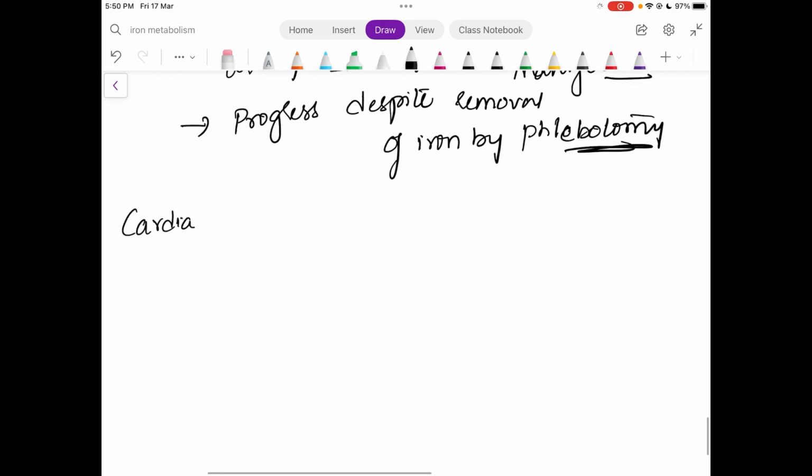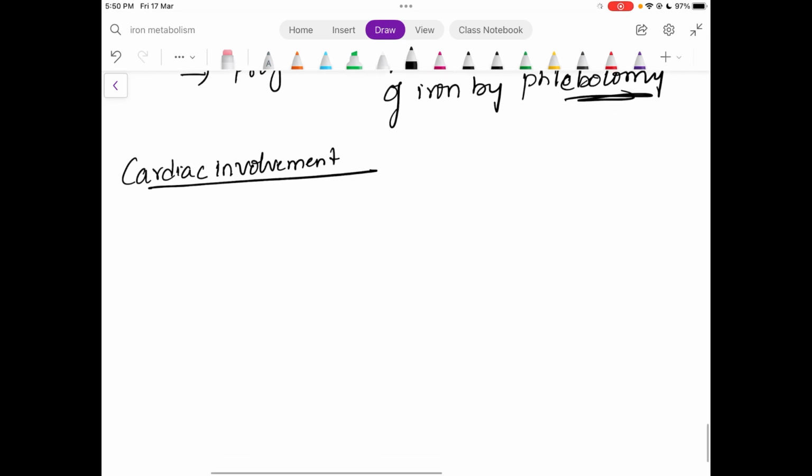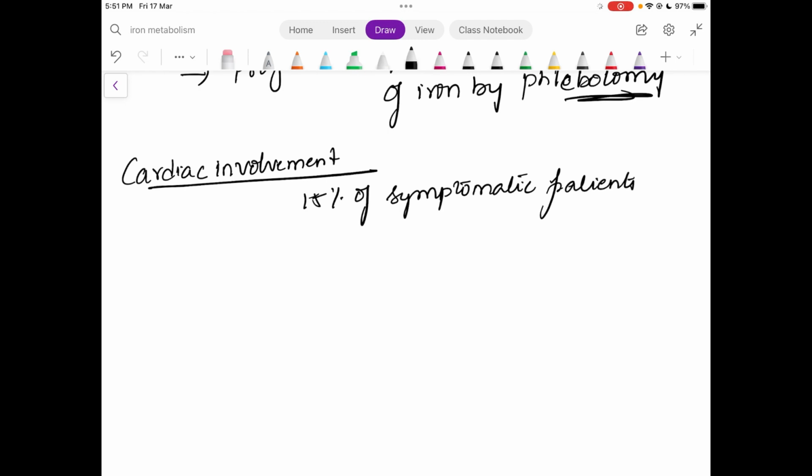Next involvement is cardiac involvement. What will happen in cardiac involvement? It is seen in 15% of symptomatic patients. And the most common manifestation in the cardiac is congestive heart failure.